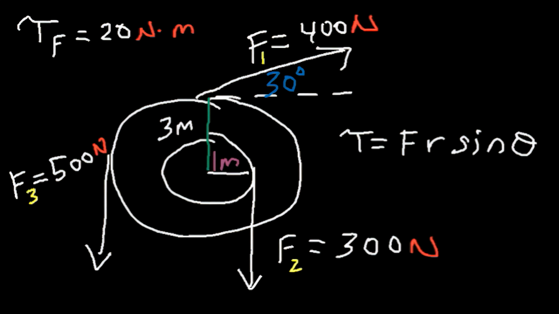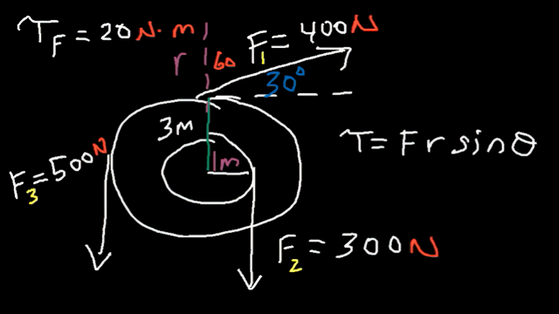The angle that we should use is the angle between the force vector and the line that's parallel to R. So R is this distance of 3 meters. So if we extend that line, we need the angle between R and F. So we need this angle, which is complementary to 30. So it's 90 minus 30, which is 60.